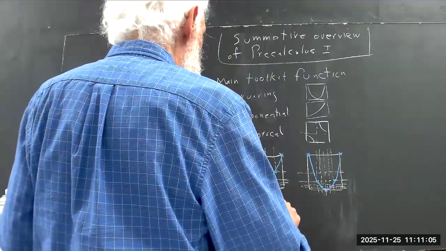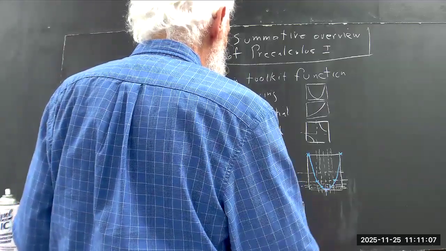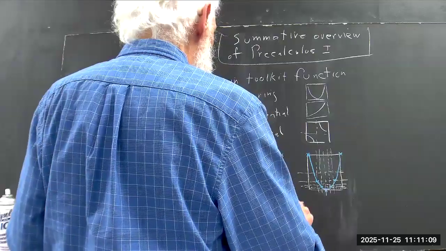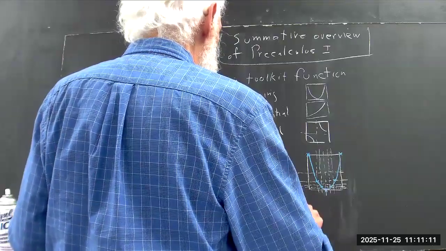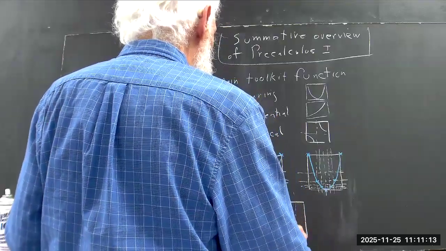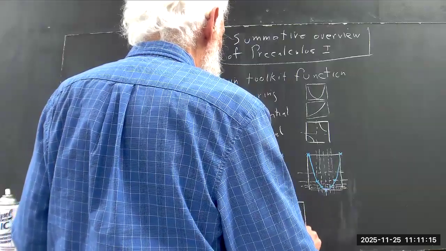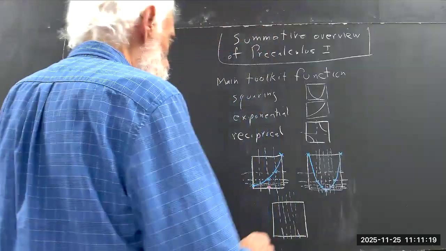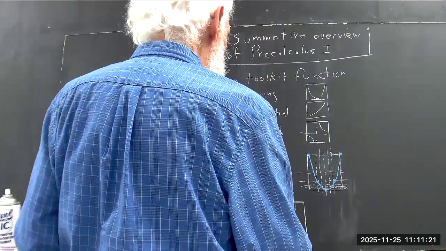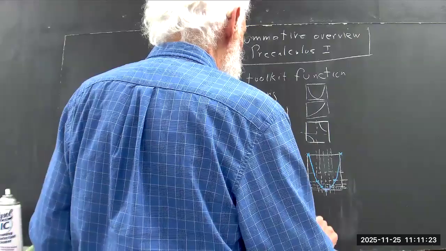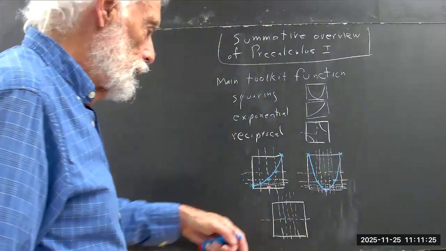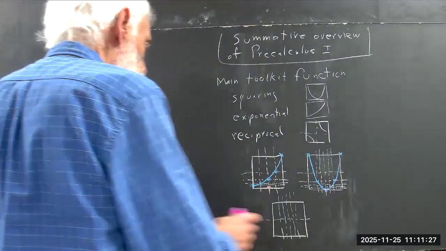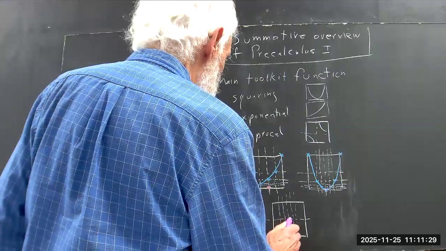Reciprocal function. We divide it vertically the same as we did with the squaring function. Horizontally, of course, we divide it in the middle. And in this case, the red dot goes here.